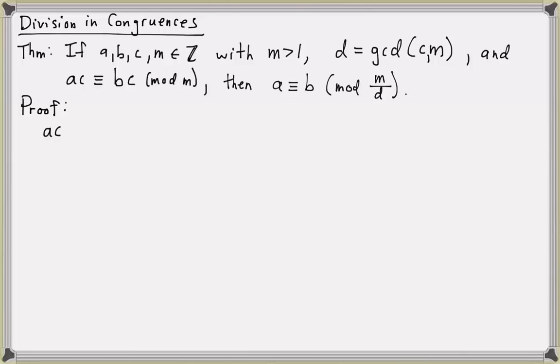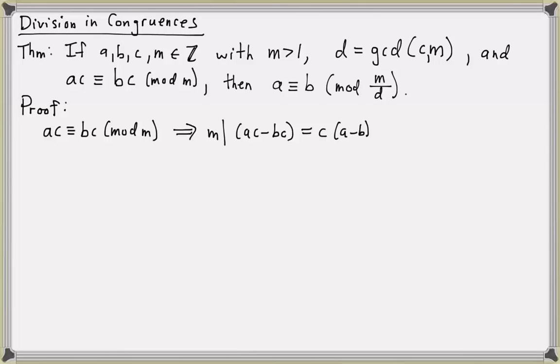If ac is congruent to bc mod m, then m divides the quantity ac minus bc, which equals c times a minus b.